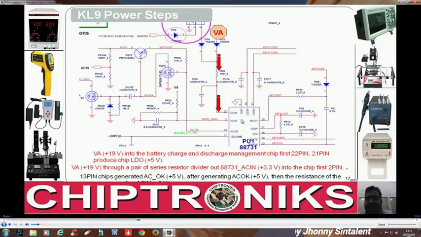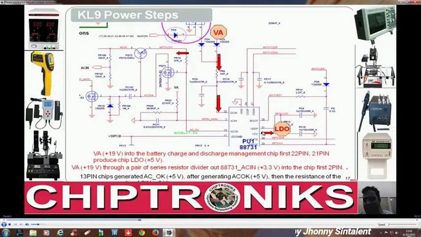a charger IC. In the data sheet of a charger IC, there are two important inputs to a charger IC. One is DC in, okay, and after getting DC in, this ISL88731 will generate an LDO.